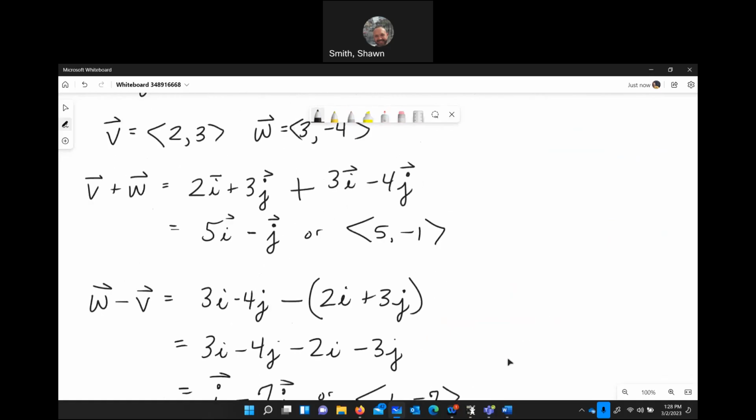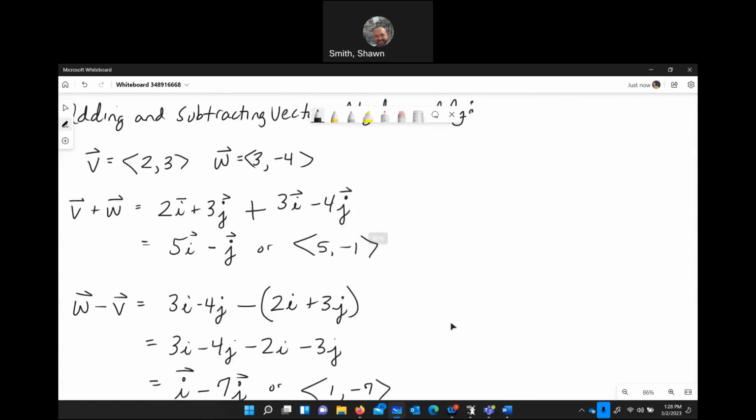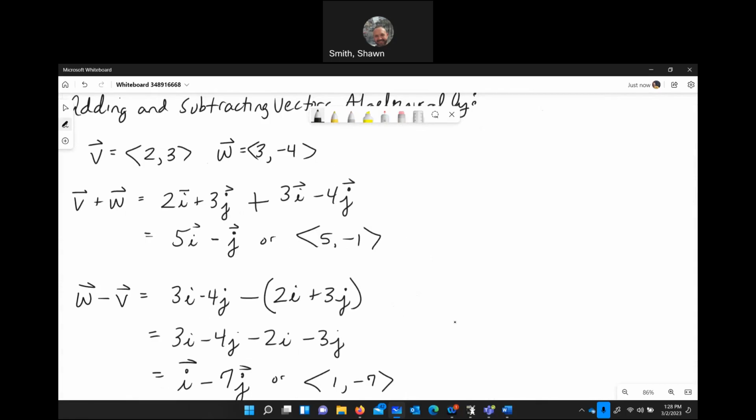All right, what if I would do something like this? Same vectors, let's do 2v minus 3w. Still, this is just algebra. 2 times vector v is 2i plus 3j, minus 3 times vector w, 3i minus 4j.